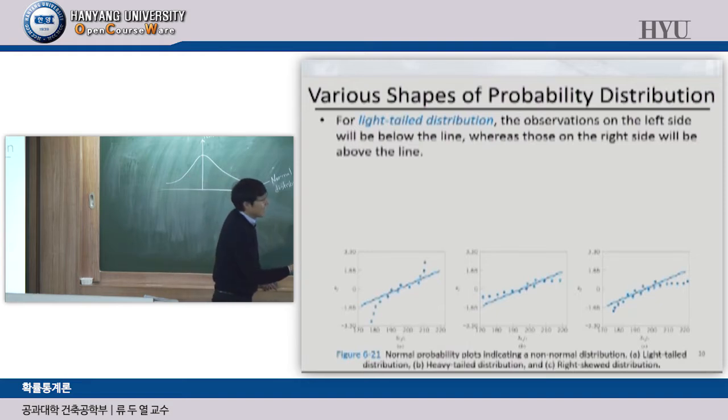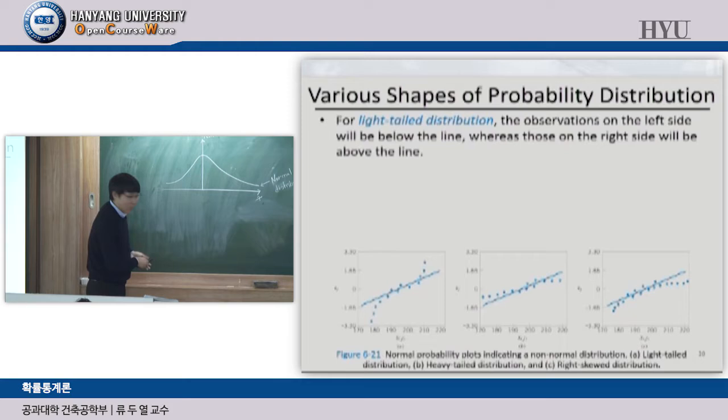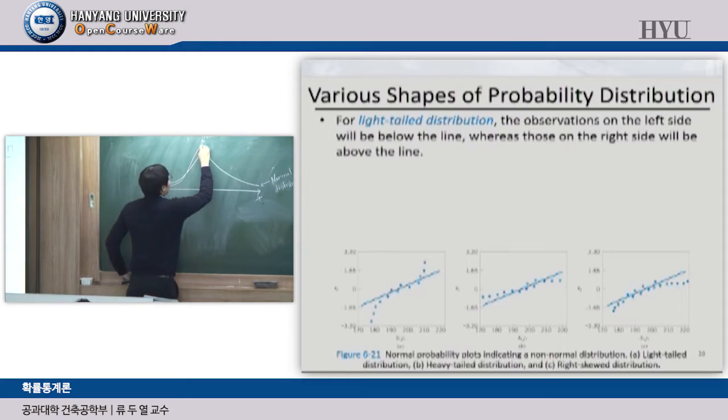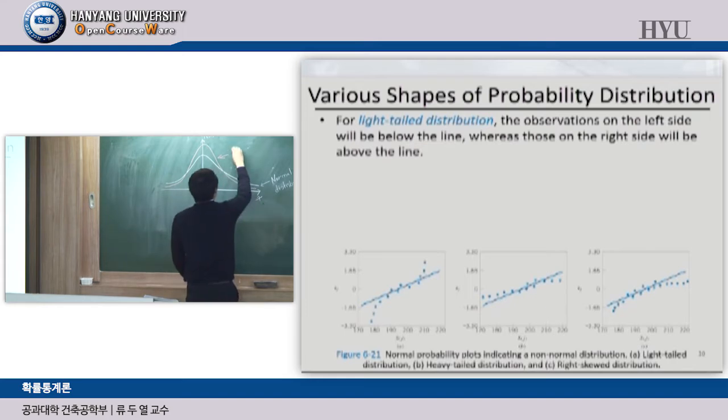And for the case of the light-tailed distribution, light-tailed means that a lower value at the tail is obtained, okay?